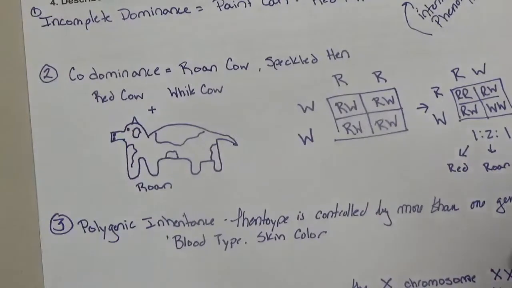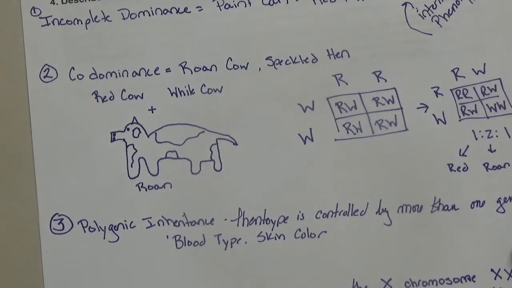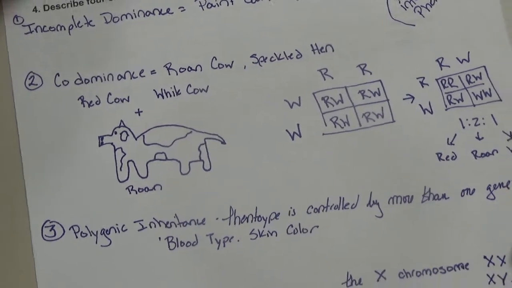So like we said in class, if you have baldness or color blindness or any of those sex-linked traits, they're inherited from your mom's side of the family because they're carried on the X chromosome.